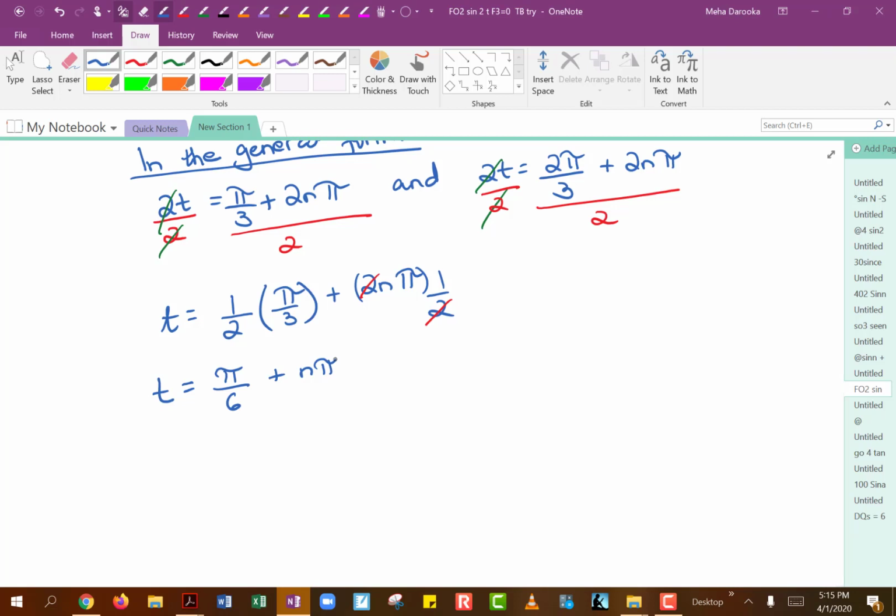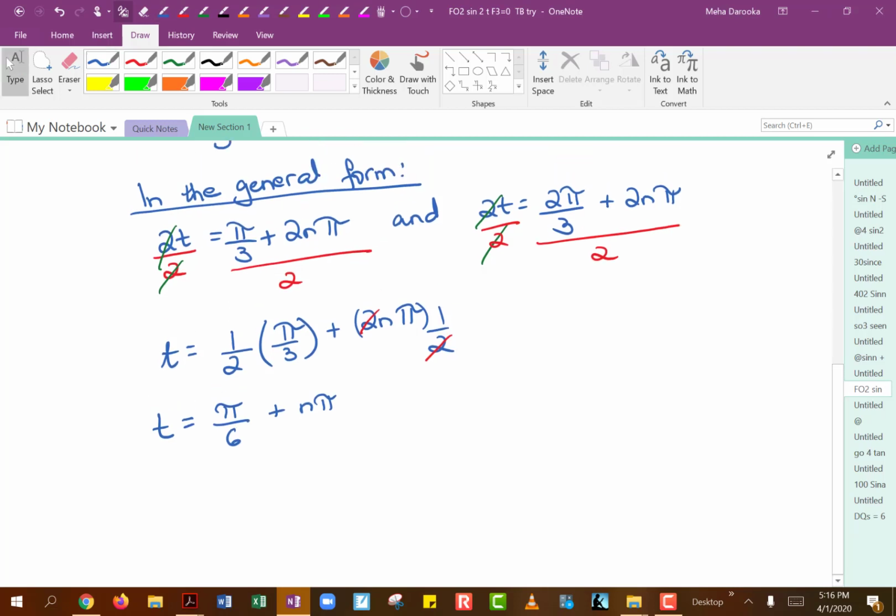Alright, let me recap that before I go to the other side. So we're taking this 2 here and dividing it on both sides. So from 2t divided by 2, your 2 cancels out, leaving us behind with just t on the left hand side. And then on the right hand side, when you're dividing by 2, just think about multiplying by 1/2.